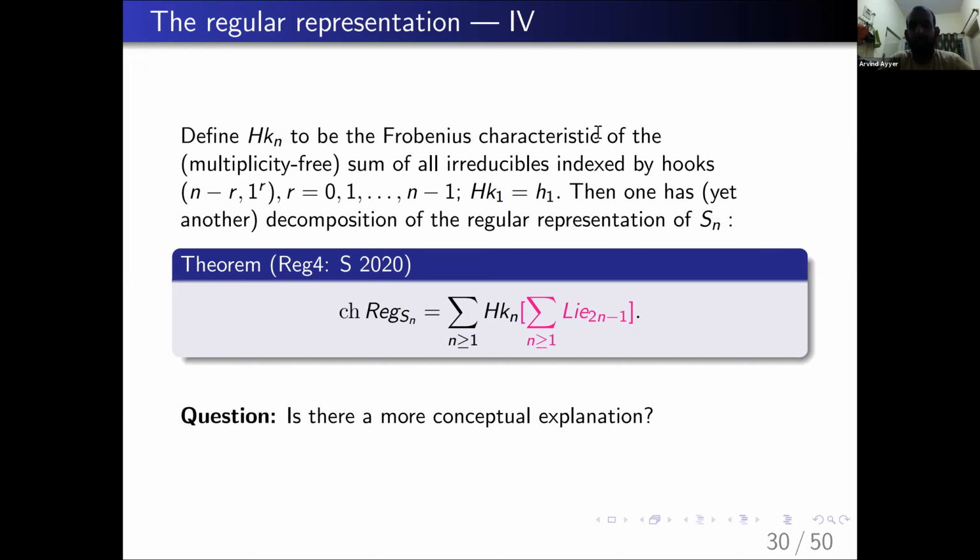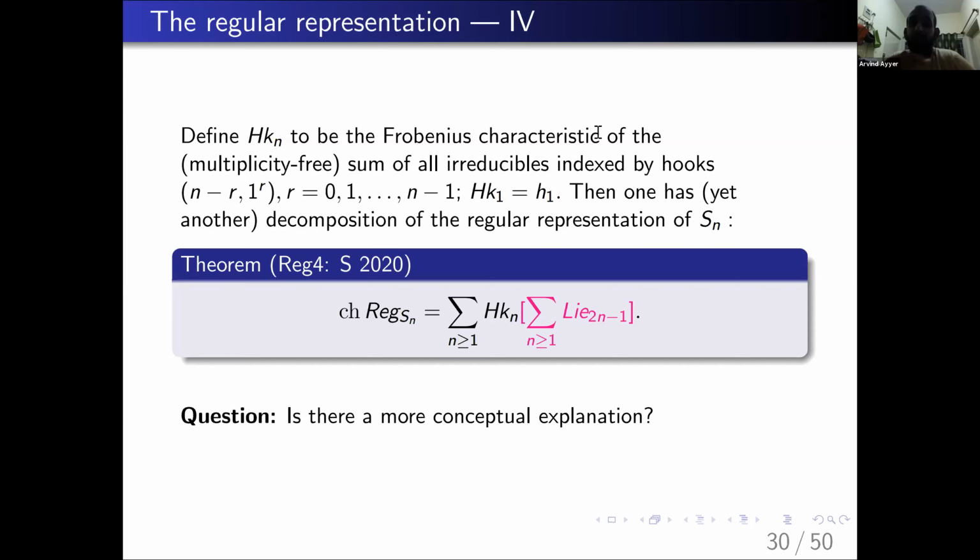But there's no analog, or hope for an analog, for an alternating sum here. If you alternated, first of all, you would immediately get something in the Grothendieck group with negative terms. So I highly doubt it would be the regular representation anymore, but I haven't thought about it at all.